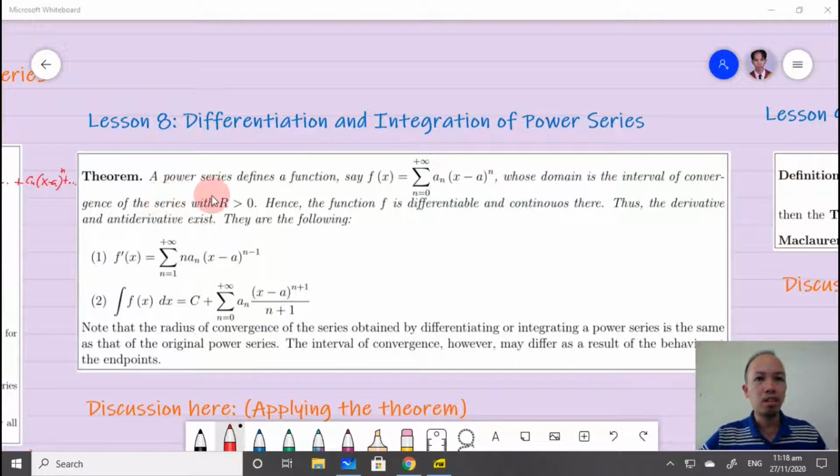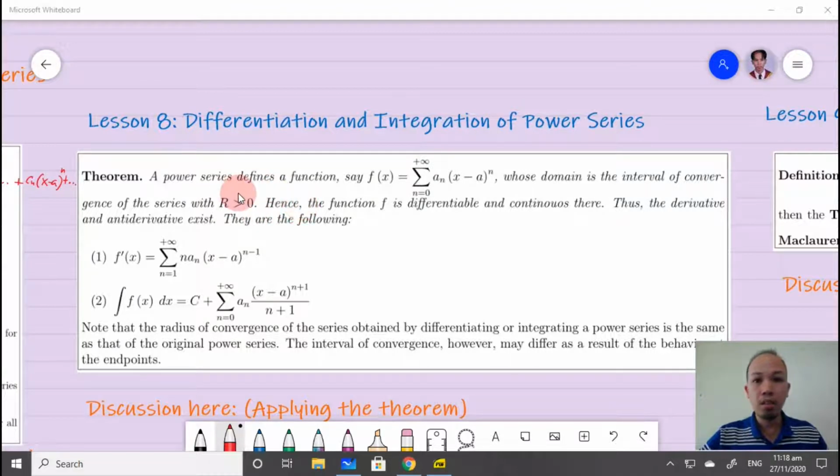It says that a power series, which we discussed in lesson number 7, defines a function where the domain is the interval of convergence. So we can write it in this form with R greater than 0.